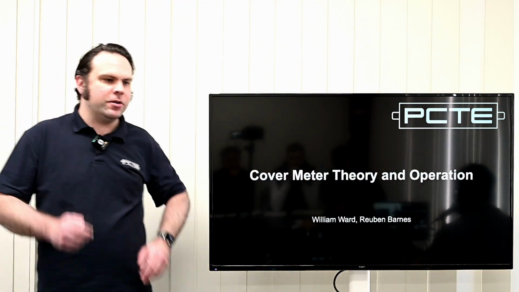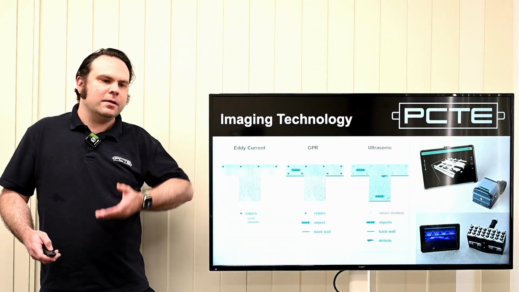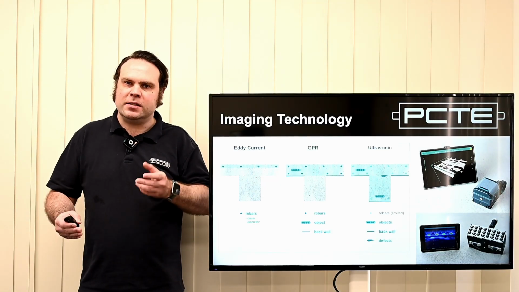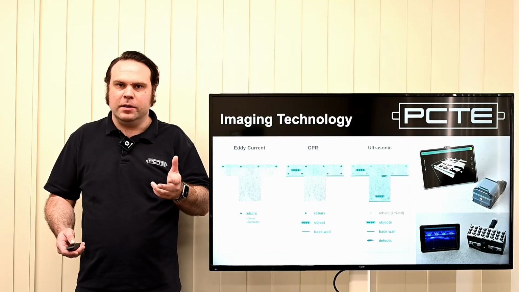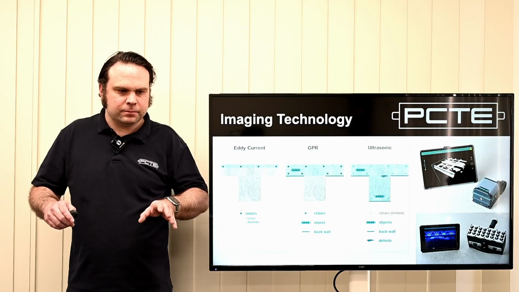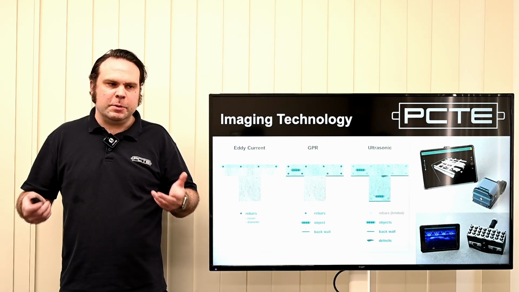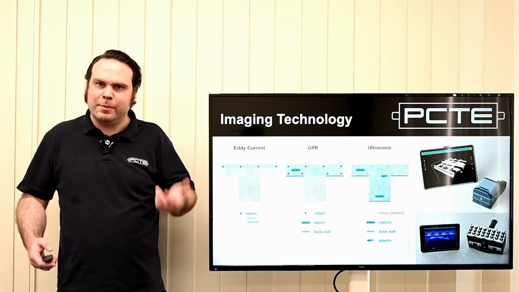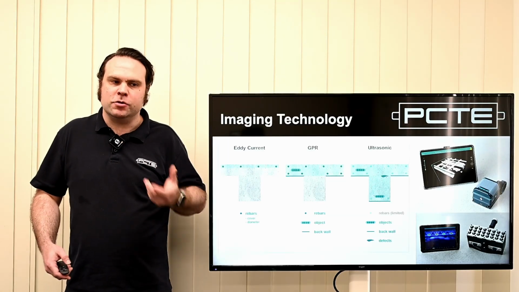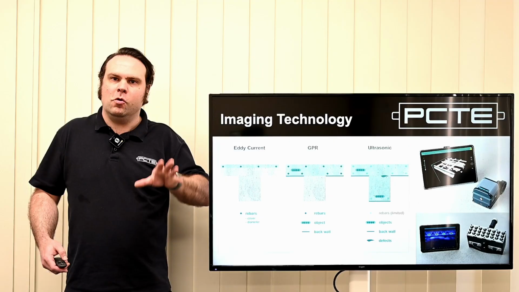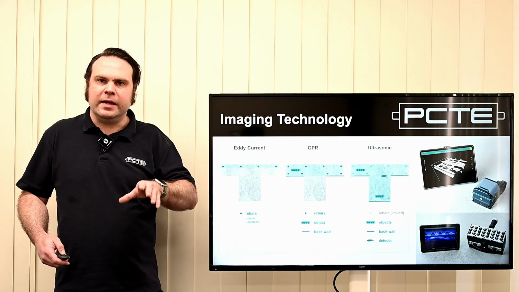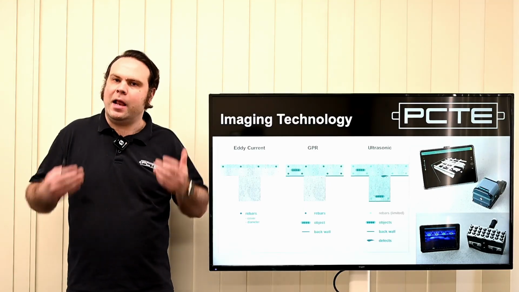Okay, so let's begin on this first presentation. When we look at the kinds of energy we can send into a concrete element, we choose the energy we want to use based upon the sensitivities we want to have inside that structure. So electromagnetic energy, like magnetism, electromagnetic induction or pulsed eddy current induction, or our ground penetrating radar tools, all of those are going to be more appropriate to find metallic embedded objects.